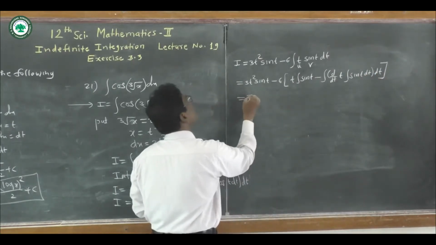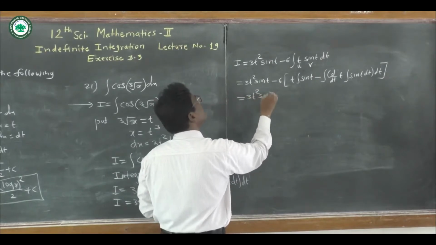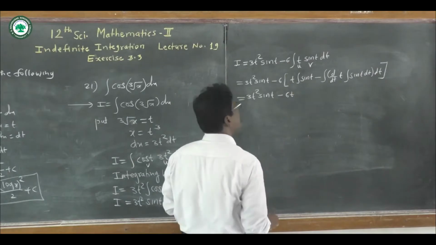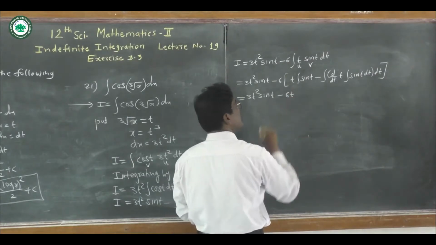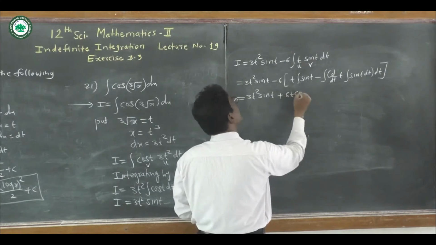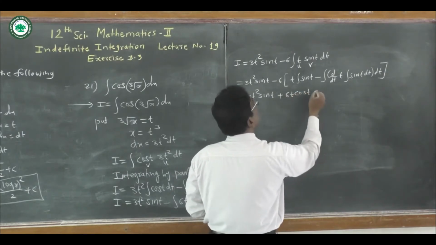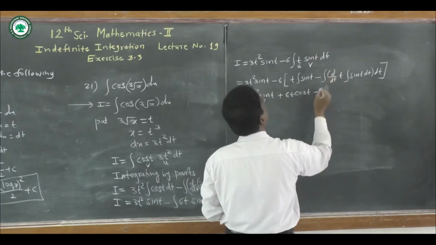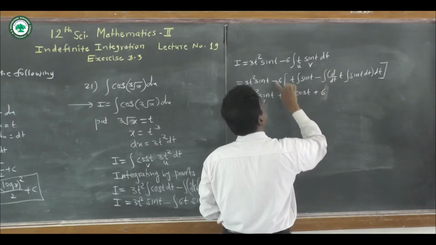And so this is equal to 3t square into sin t minus 6t, and integration of sin t is minus cos t, so minus minus becomes plus, and here it is cos t. Minus, here minus and minus become plus, and this 6, minus minus plus.